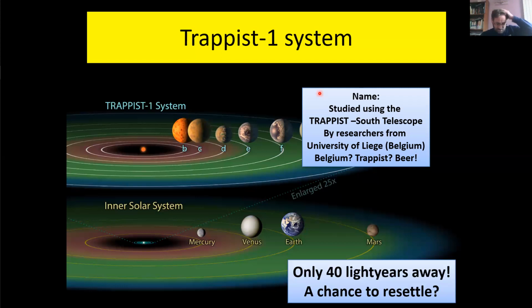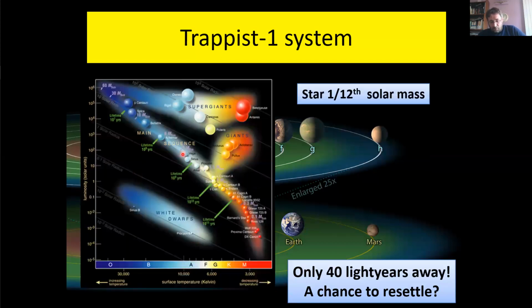Okay, Trappist system. Only 40 light years away. That might be a good place to resettle then. Of course, the star has only a 12th of the solar mass. So if you look at the Hertzsprung-Russell diagram, a 12th of the solar mass, our sun here, 0.1 down here.